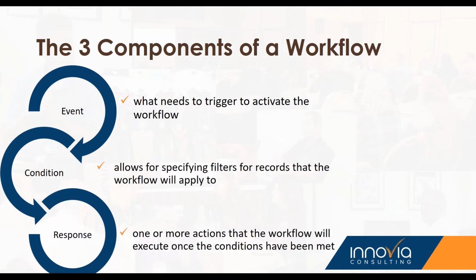Maybe it's an approval. Maybe it's a purchase order, and so we want to send that to the purchase manager and let them know that we just created a purchase order and it's above the amount I'm allowed to purchase without an approval. It will send a notification to that purchase manager, and they will have to click a button that says, yes, I approve this, and then it will be allowed to be released.